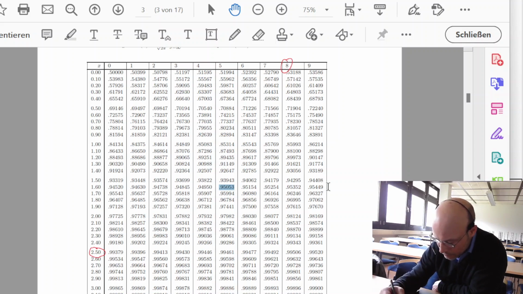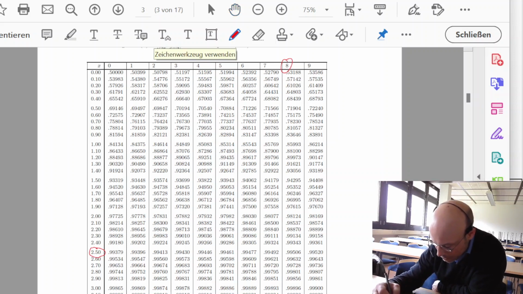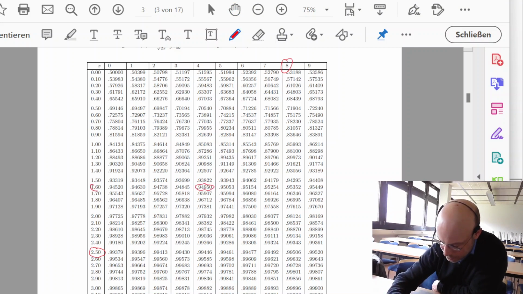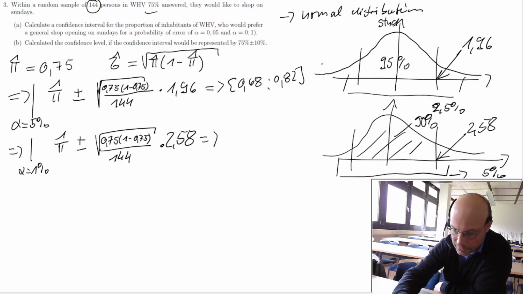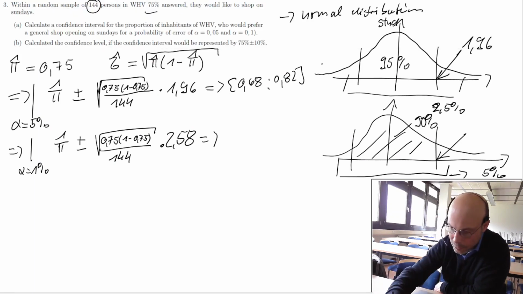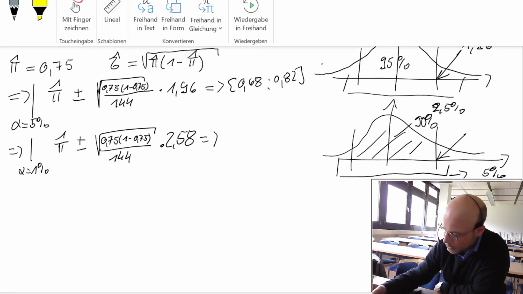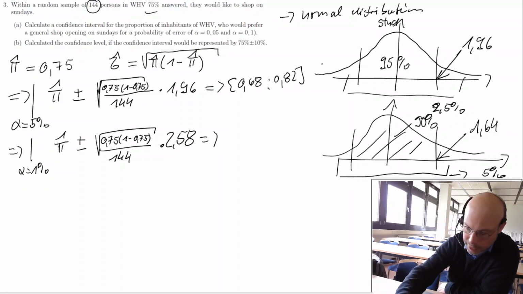0.95, 0.64, this one. This is the closest value to 0.95, 1.64, and then this one is 1.64, and this also.